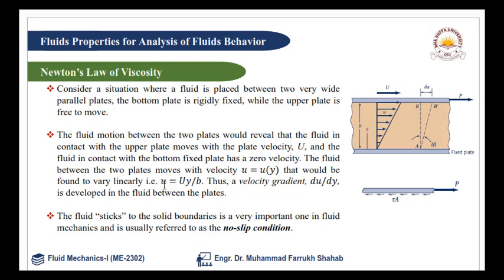You can see that this equation is u equals U y upon b plus c, where the y ordinate is 0 in this case. So here we have the relation for the linear profile. If I want to find the velocity gradient, I can simply take this equation for u and differentiate it with respect to y. I get the rate of change of velocity, or the velocity gradient, showing how the velocity is changing along this y direction.